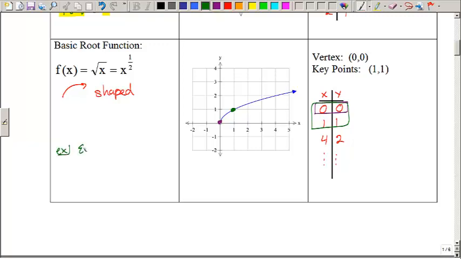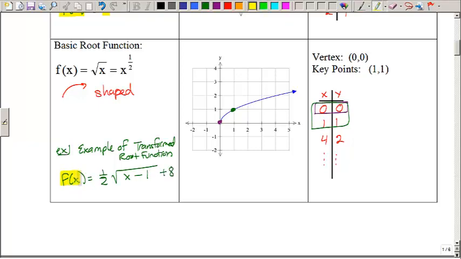An example of a transformed square root function would be f of x is equal to 1/2 times the square root of (x minus 1) plus 8.